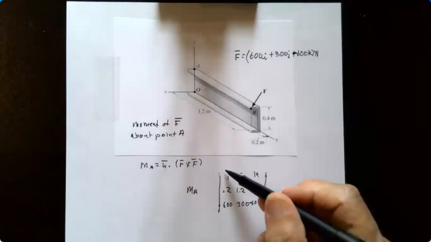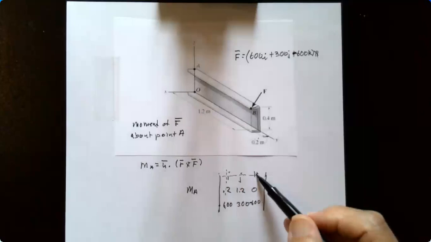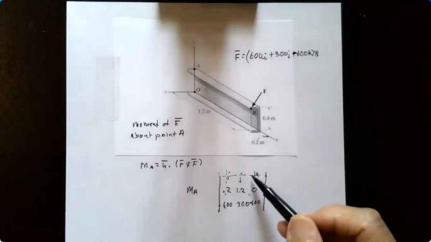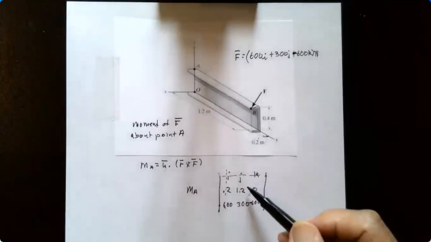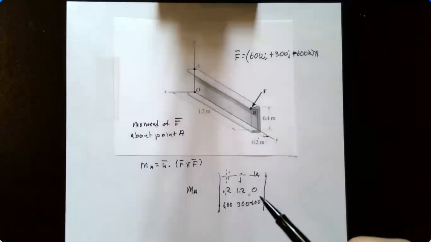So for the I component, I'm going to cross this out. Have this 2 by 2. Okay, so I have the point 2.